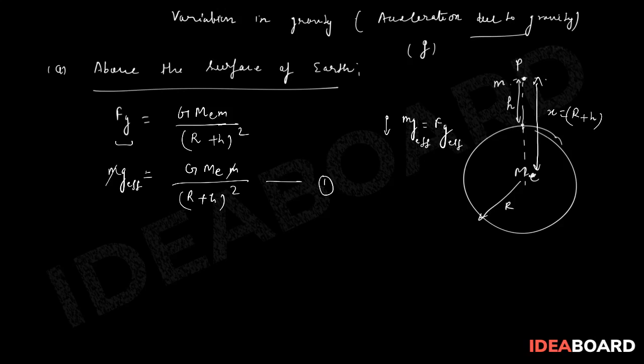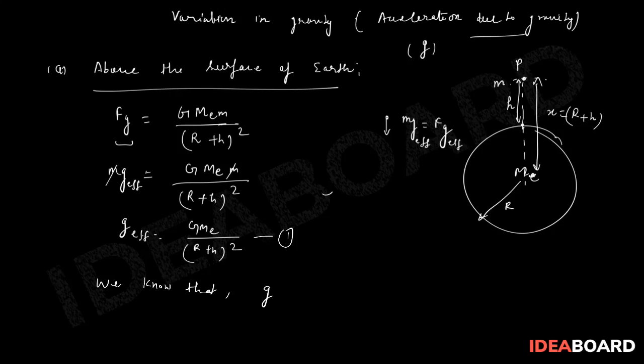Here m is cancelled out. So equation number 1 we can assume as g effective equals G Me upon R plus h whole square, correct? And then we know that g is the acceleration due to gravity on the surface of earth, which is G Me upon R square.